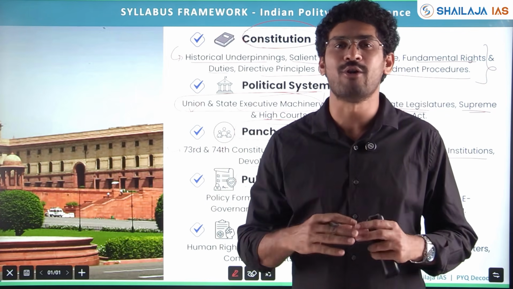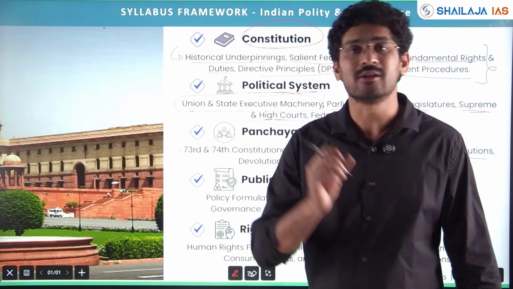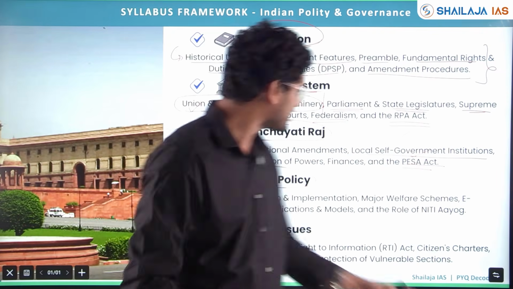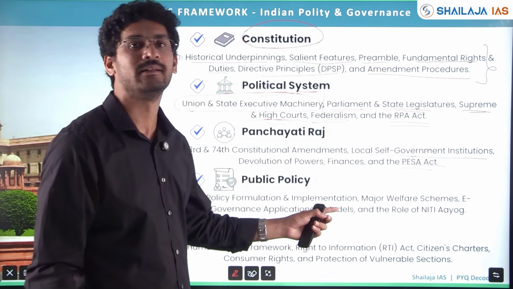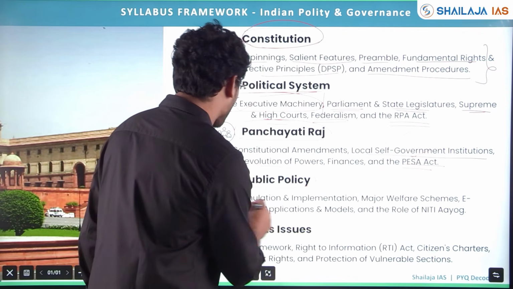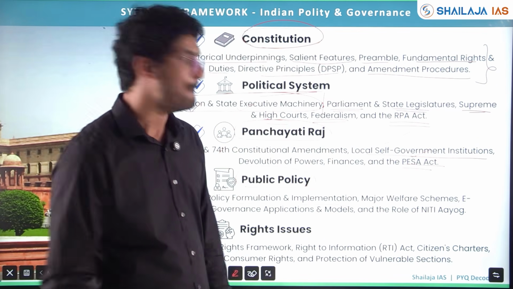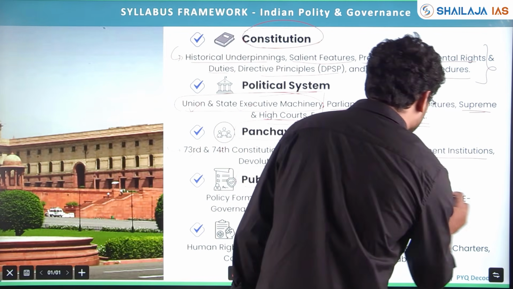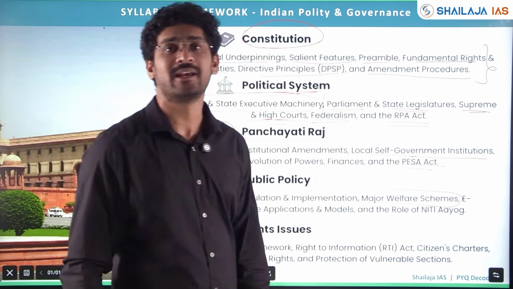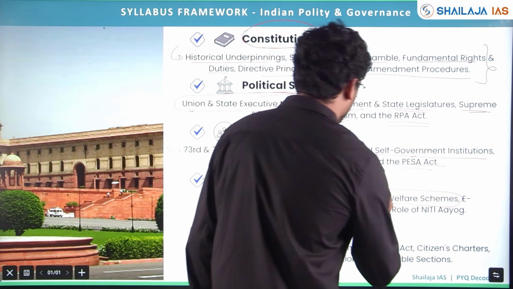So Lakshmikant will not delve into all the concepts of public policy, which is the current affairs part in the polity. So policy formulation, its implementation, major welfare schemes attracting whom? Farmers.